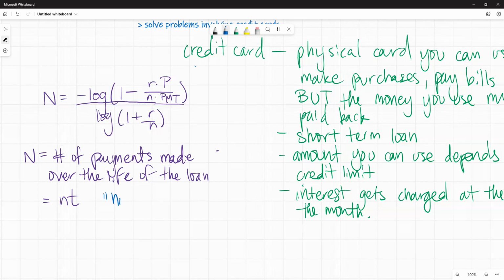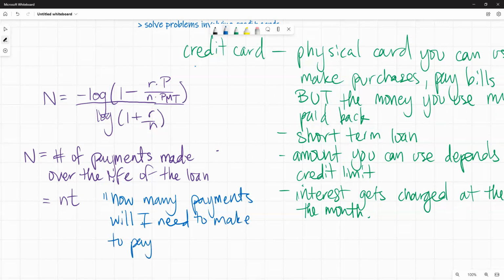So whenever you see questions like how many payments will I need to make to pay off my loan, this formula can answer that, okay?